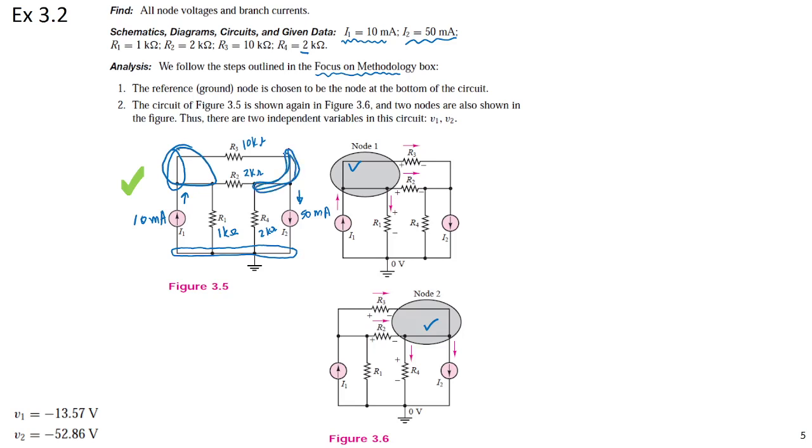This is the current flowing to the node. The summation of this current, this current, this current, and this current would be 0. KCL. Similarly, for node 2, these currents sum together to 0. We take KCL, and with this method we define V1 and V2.